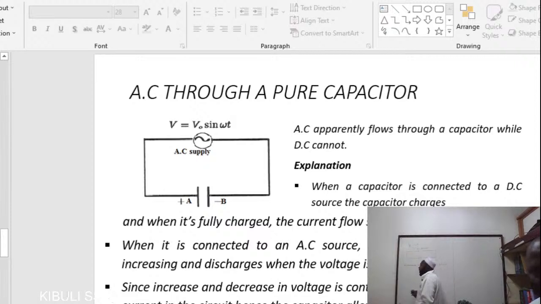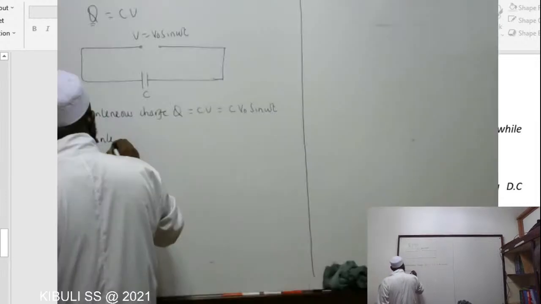Now there is a relationship between current and charge. From the definition of current, instantaneous current is going to be the rate of flow of charge.